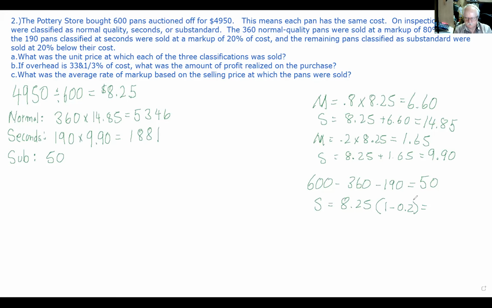So this would be 0.8 in here. So 8.25 times 0.8, and yes, 6.60 looks good there. So we're going to bring that over here, multiply it by the 50 to figure out the revenue they generated from the substandard pans.